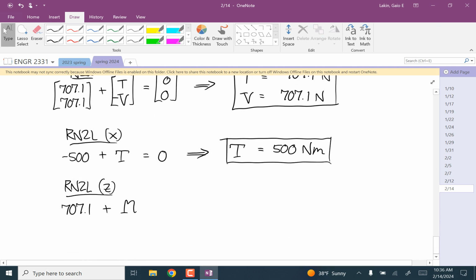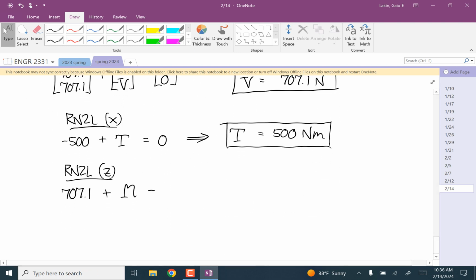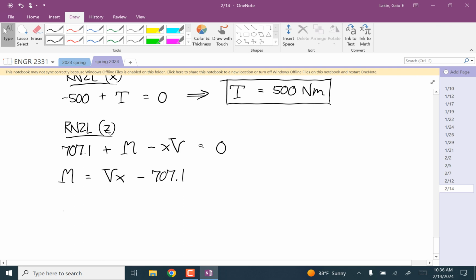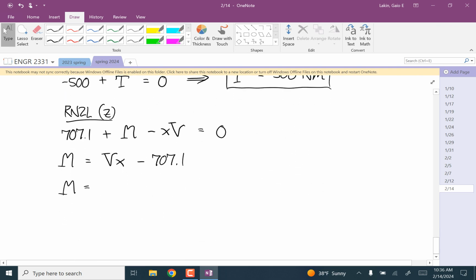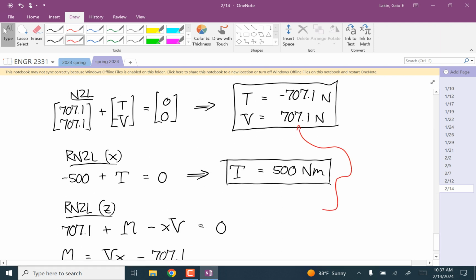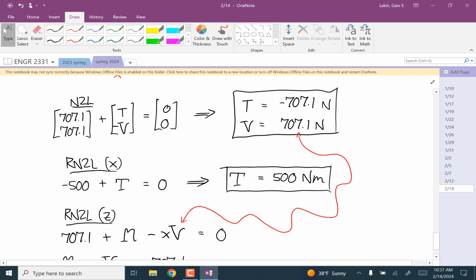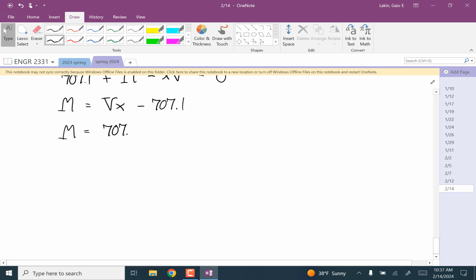And then we have a clockwise moment, so negative, with a moment arm of x and a force magnitude of V. So we have M is equal to positive Vx minus 707.1, and so M is equal to, we've already calculated V, so substitute that in. And you get 707.1x minus 707.1.